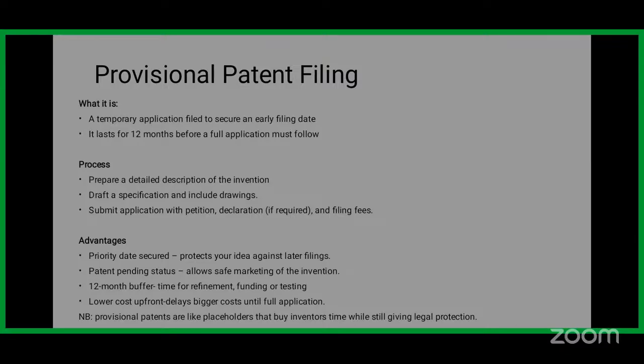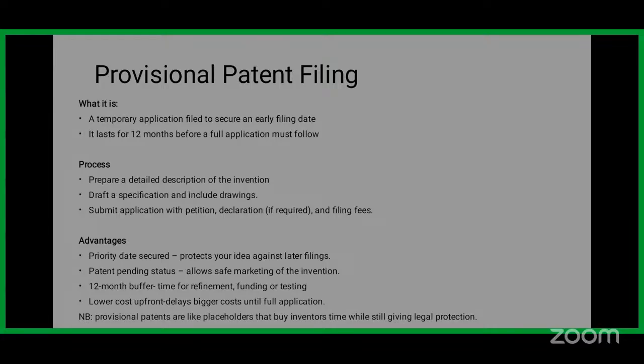sign a non-disclosure. So for that reason, you protect your invention just in case, since you're revealing details about your invention to the investor, so the investor cannot take advantage of your invention and then leave you behind. So if you file a provisional patent application, it allows you to protect that invention.